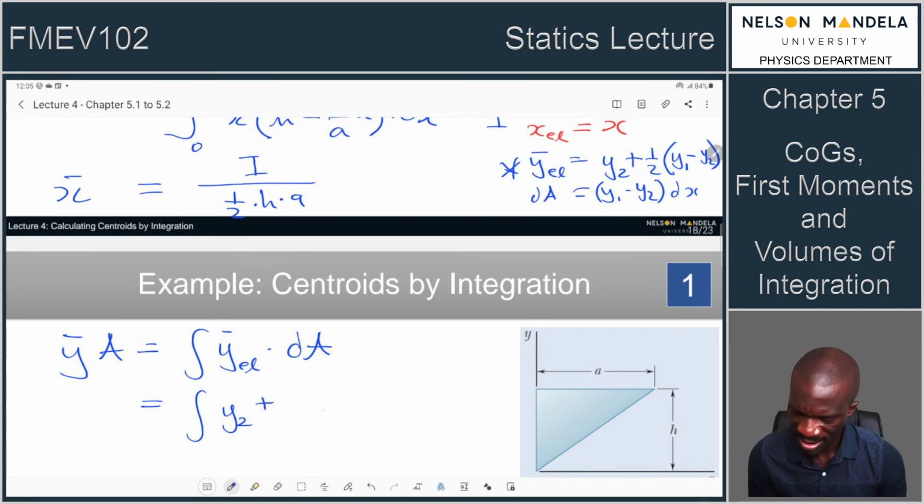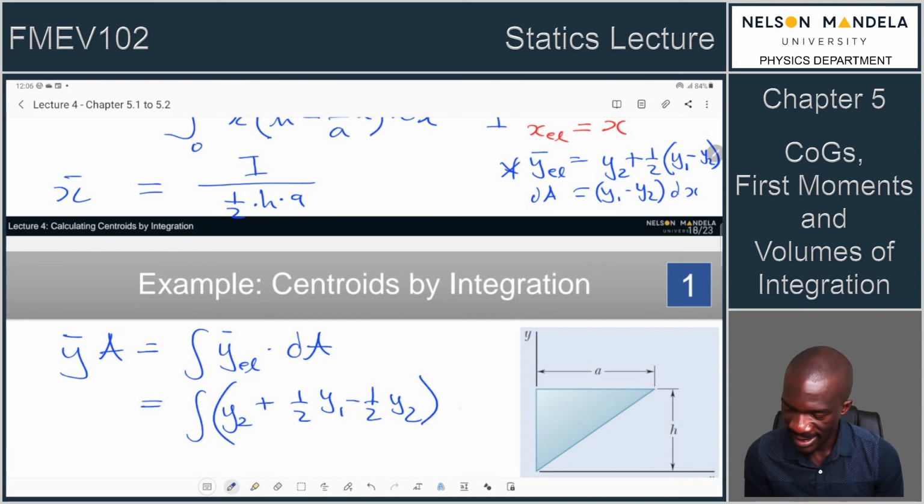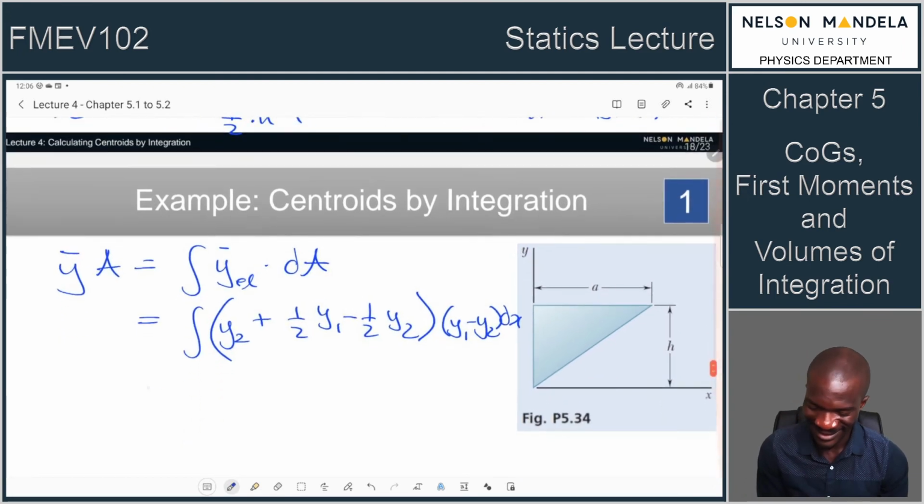I think you can simplify that. Half of y1 minus half of y2 multiplied by dA, y1 minus y2 dx. This is getting interesting. It's still with respect to x, so our limits are still 0 up to a.